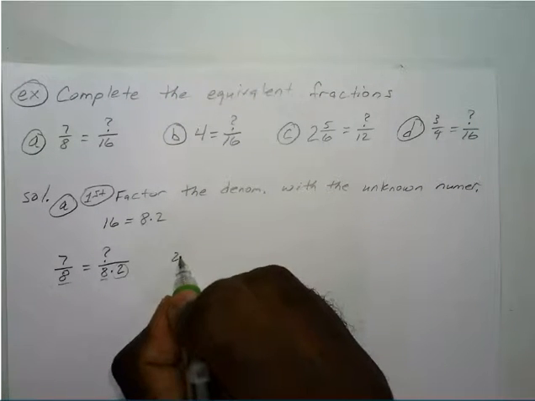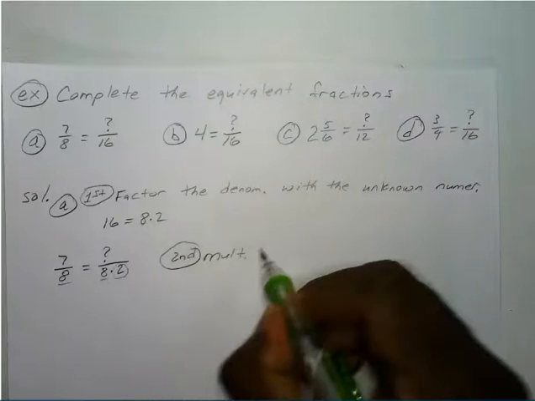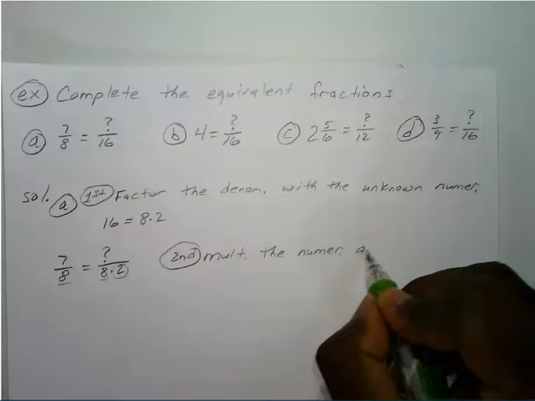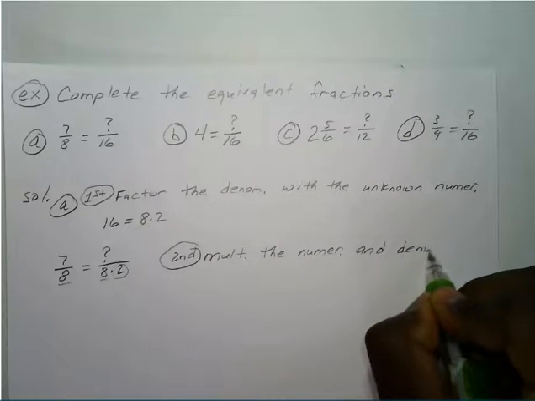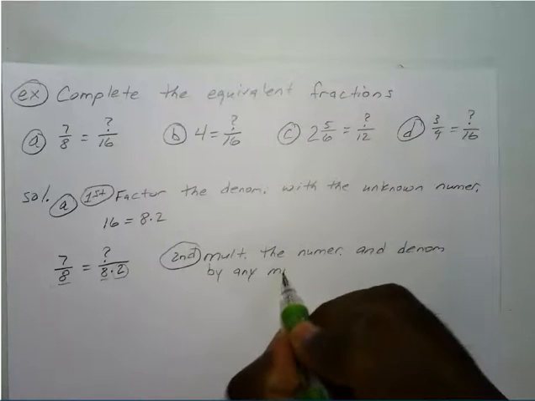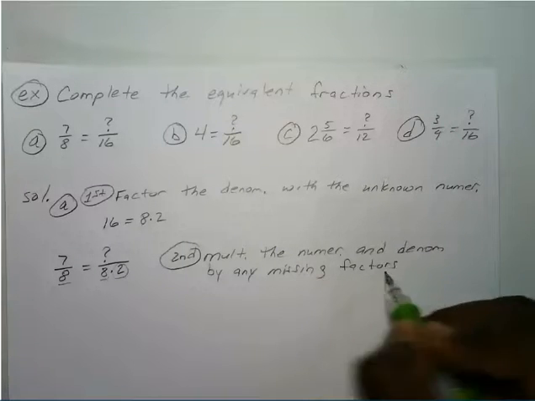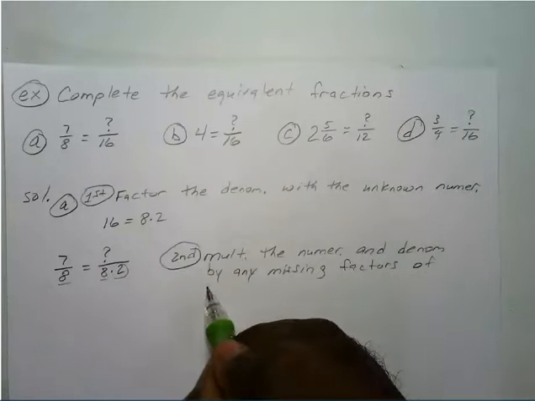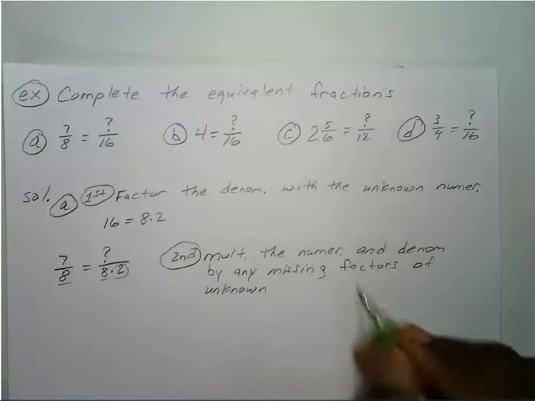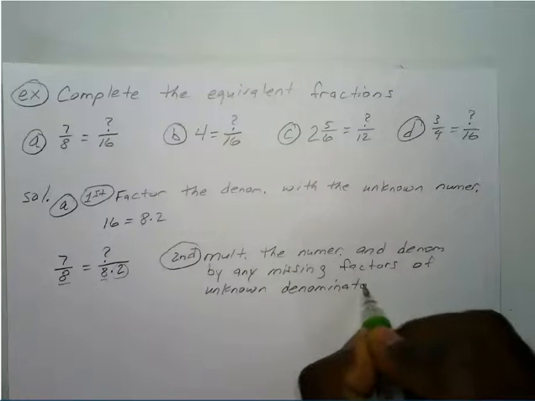So your second step: multiply the numerator and denominator by any missing factors of the unknown denominator.